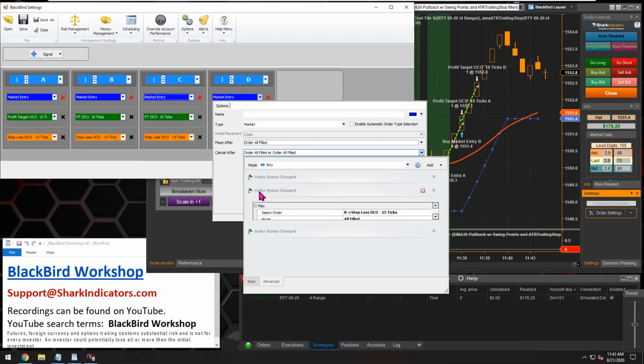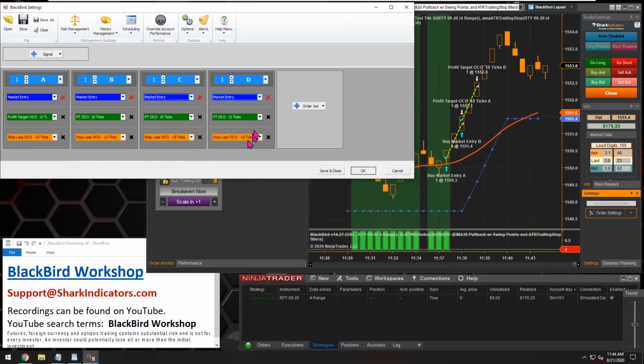Our second order status changed is looking at the stop loss for B to see if that gets filled. And then our third order status changed is looking at the stop loss for C, right? So D needs to monitor the stop losses of all the previous three order sets for the cancel after.